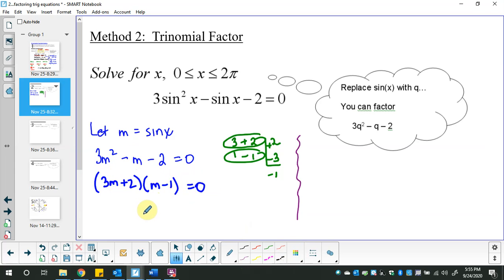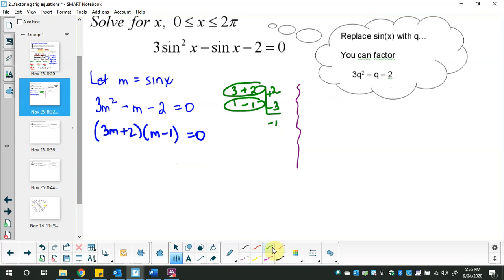And you've got no reason to turn this back into trig until after you figure out what the m's are. So 3m plus 2 equals 0. Might annoy some of you. M minus 1 is equal to 0. This one is 3m is equal to negative 2. So m is equal to negative 2/3.